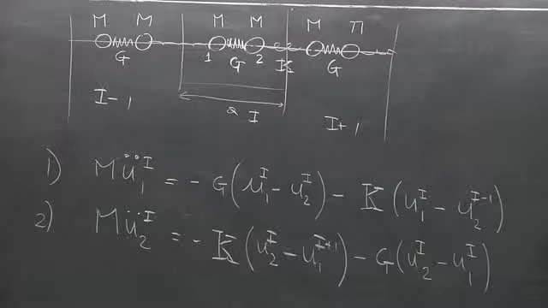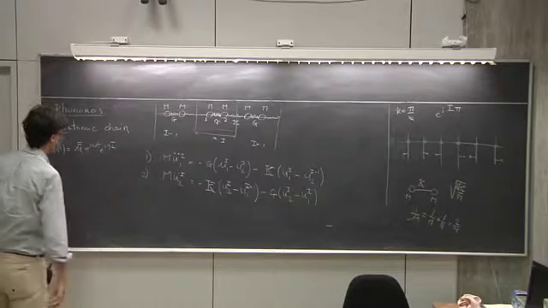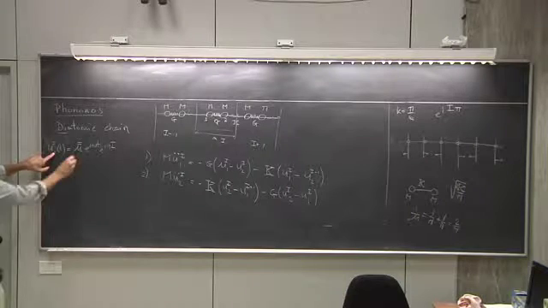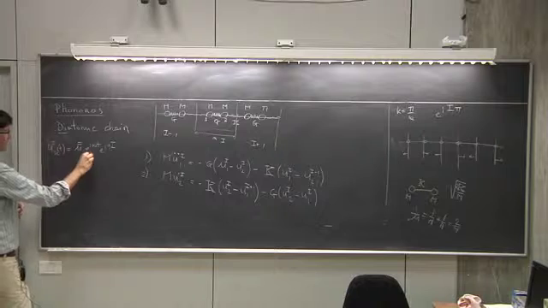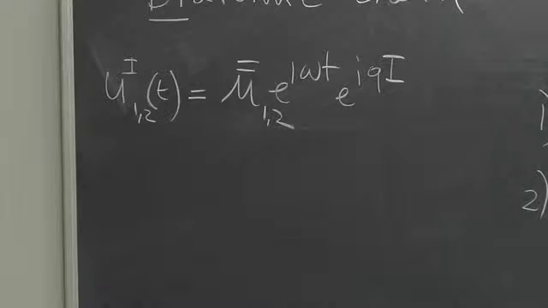So now I have to make a guess for the solution. For example, for u1 of I and t, let me make exactly the same guess. u double bar e to the I omega t e to the I q I. But it's 1, so I have to put 1 here. And of course, for atom 2, I simply have to change u double bar.